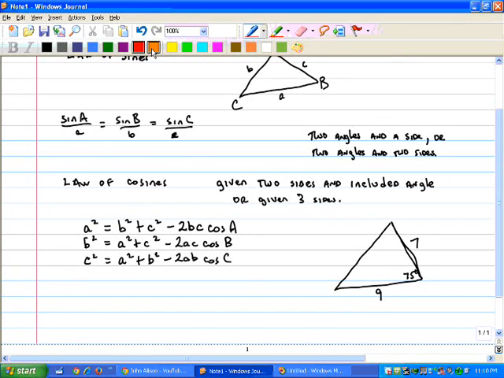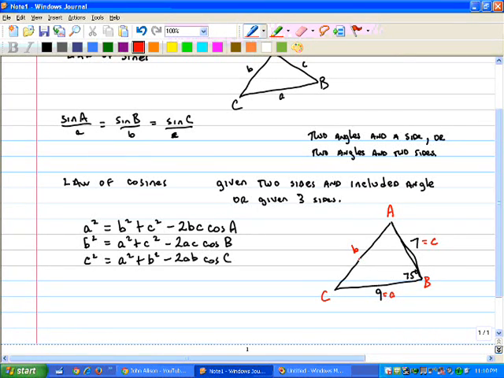So here, if we label this triangle A, B, C, then the side opposite angle A is little a, the side opposite angle C is little c, and the side opposite angle B is little b. So we need to find angle C, angle A, and side b.